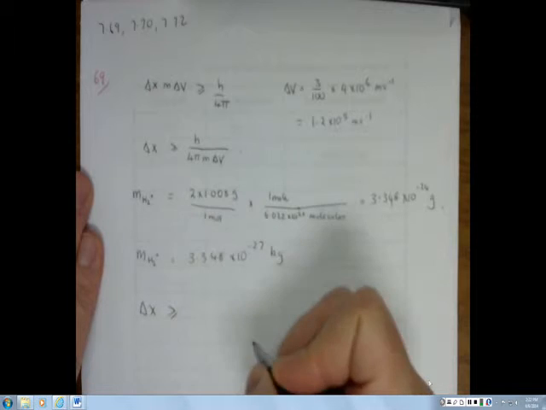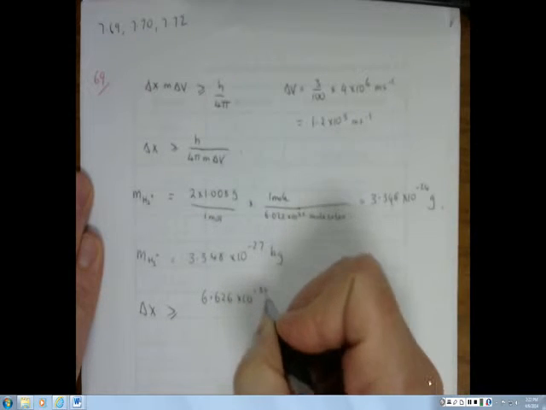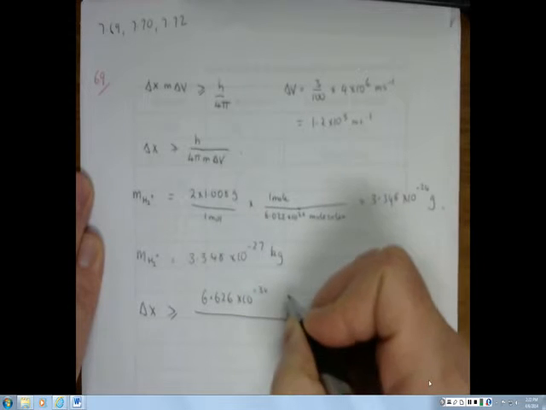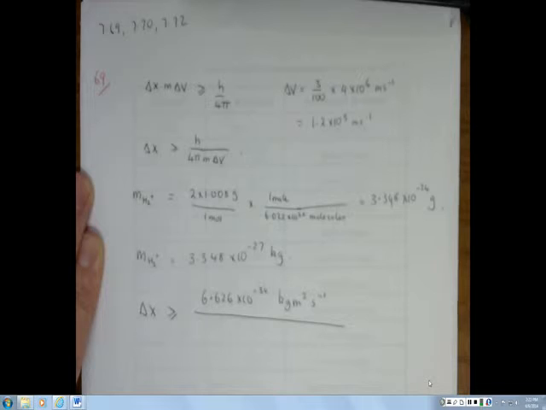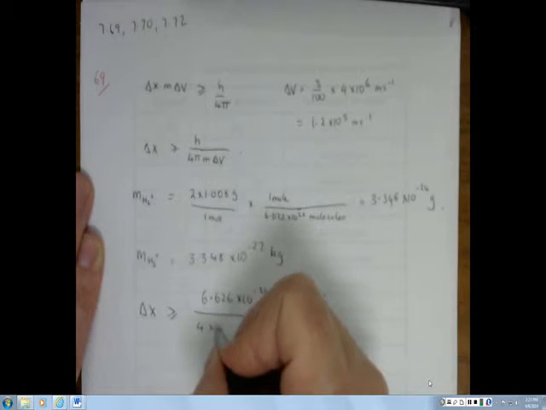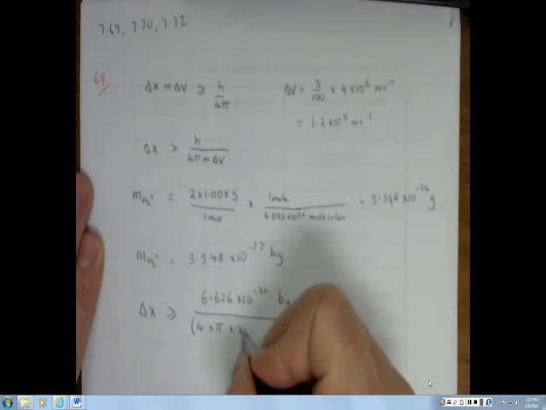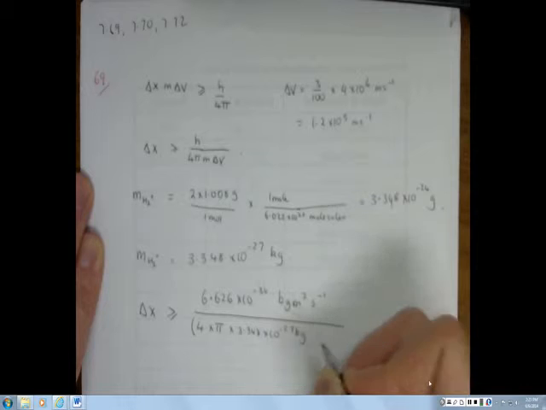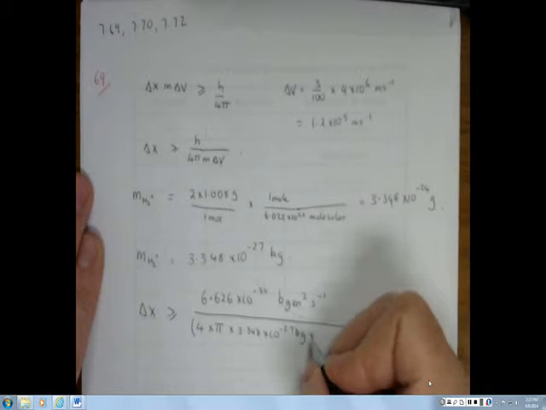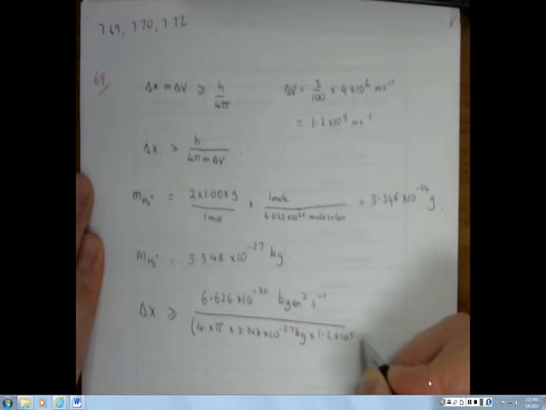Delta x is going to be greater than 6.626 times 10 to the minus 34. I want to put the units in kilograms, meters squared, seconds to the minus 1, 4 times pi, make sure we put parentheses on everything on the bottom, times 3.348 times 10 to the minus 27 kilograms, times 1.2 by 10 to the 5 meters per second.